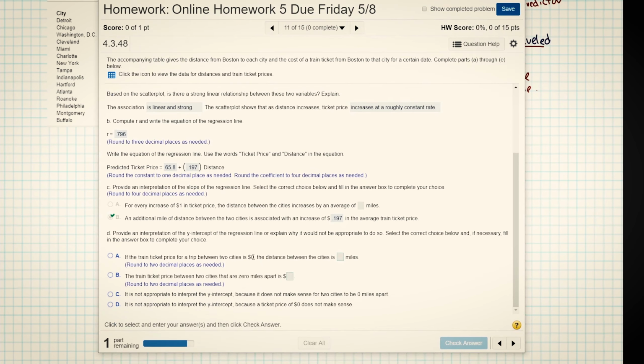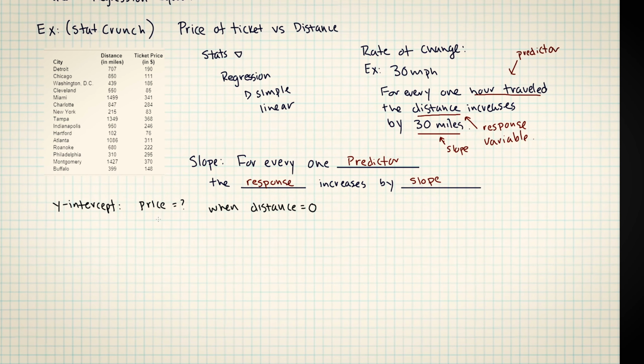Okay, now they're asking me to interpret the y-intercept. The y-intercept is supposed to be the value when x is 0. In this problem, that's the price when the x variable, distance, is equal to 0. So we're trying to interpret how much you should pay for a train ticket when the distance between the cities is 0.